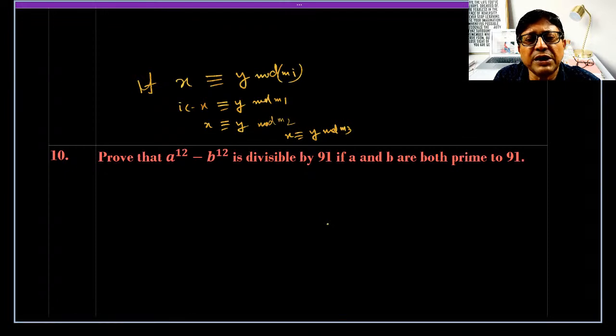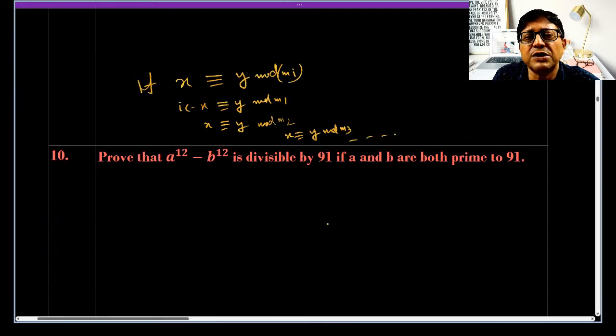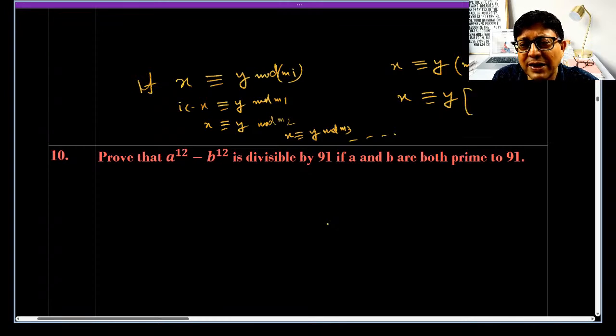I am telling you because we need the concept here. Even you can write x congruent with y, because divisible by these means divisible by their LCM also. LCM we are taking in this manner.